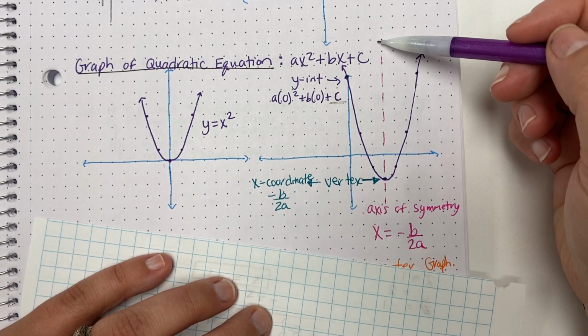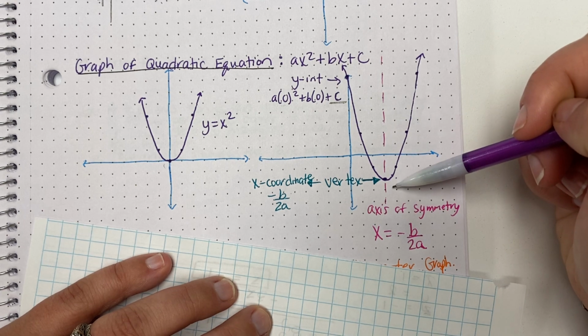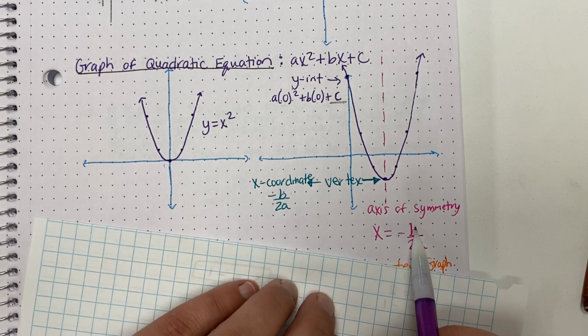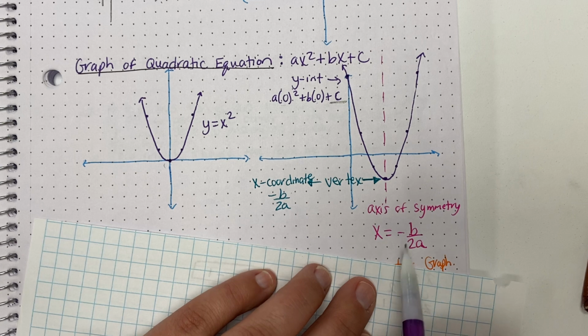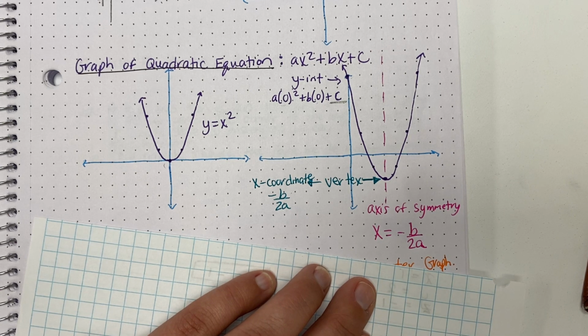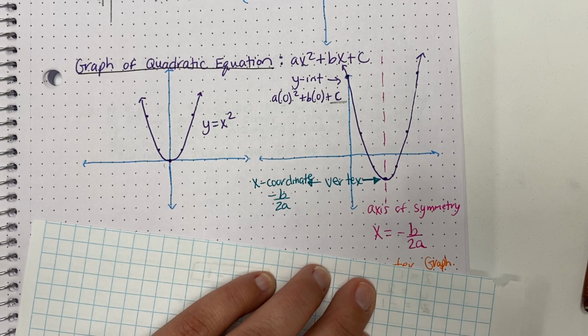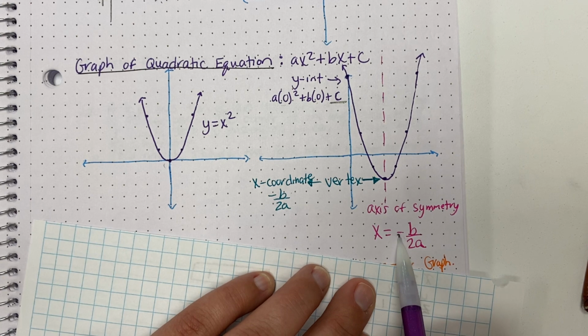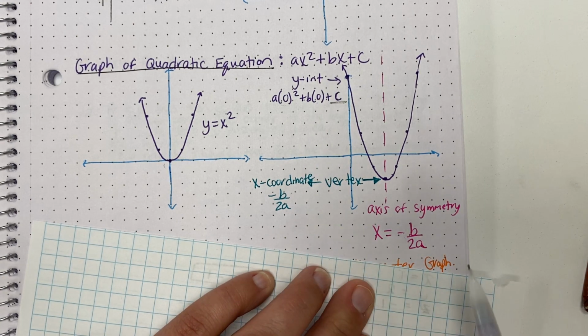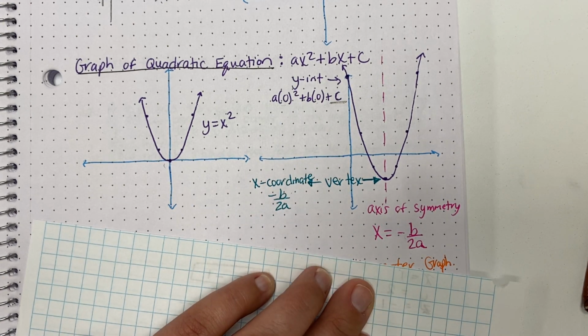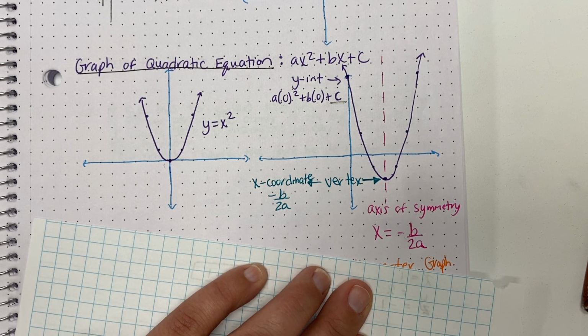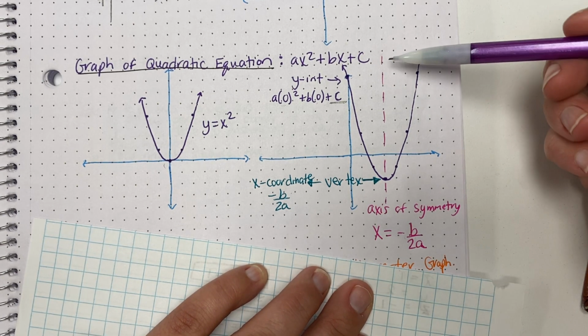This pink dotted line is called your axis of symmetry. The line for your axis of symmetry happens at negative b over 2a. That's where your middle line goes.